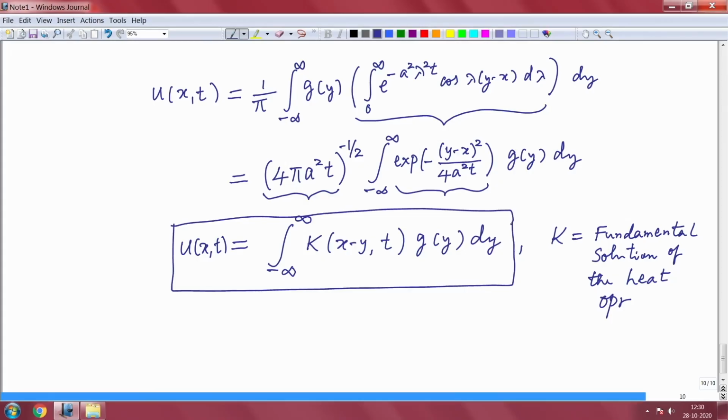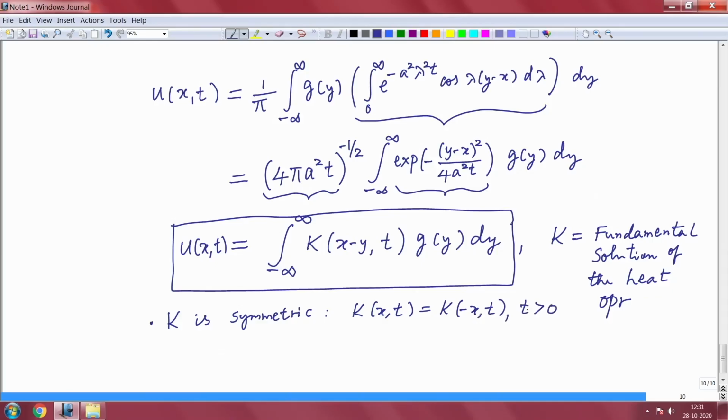So, we also see that k is, apart from the properties I listed earlier, also symmetric. Meaning k of x, t is equal to k of minus x, t, t positive.